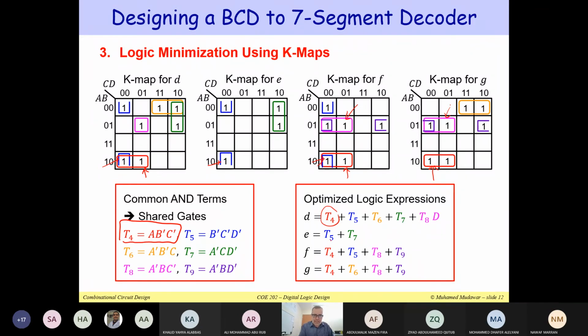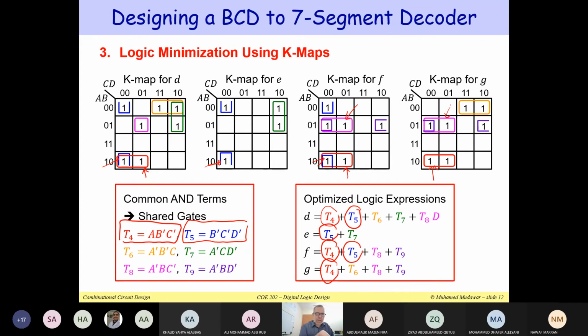It appears in D, it appears in F, it appears in G. Notice that T5 is this blue one, which is shown here. That's T5. It is B prime, C prime, D prime. It appears in D, it appears in E, and in F, and so on.